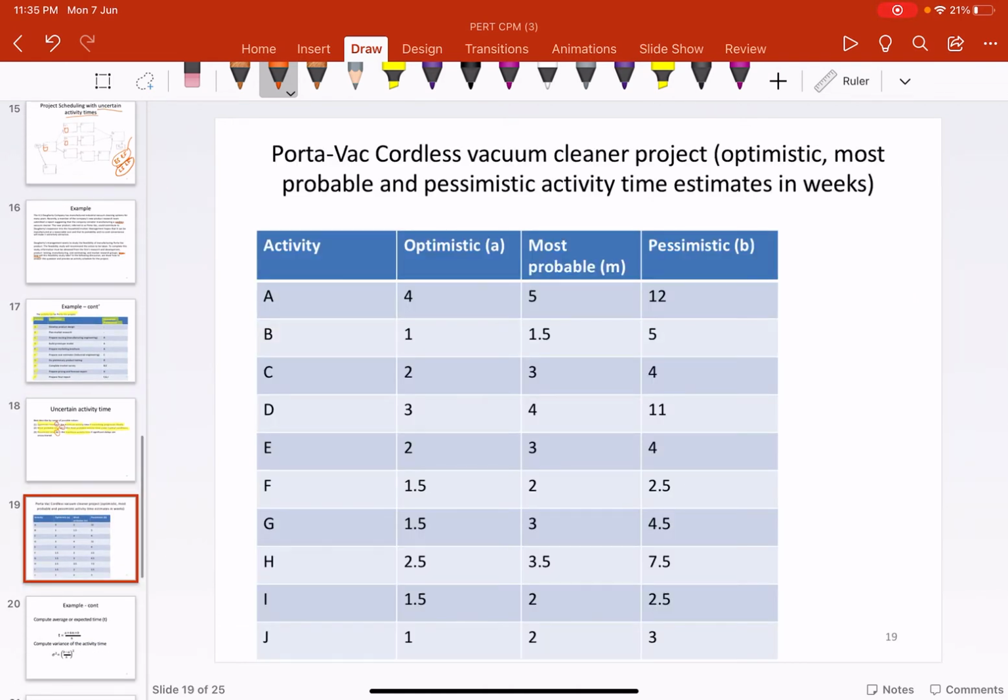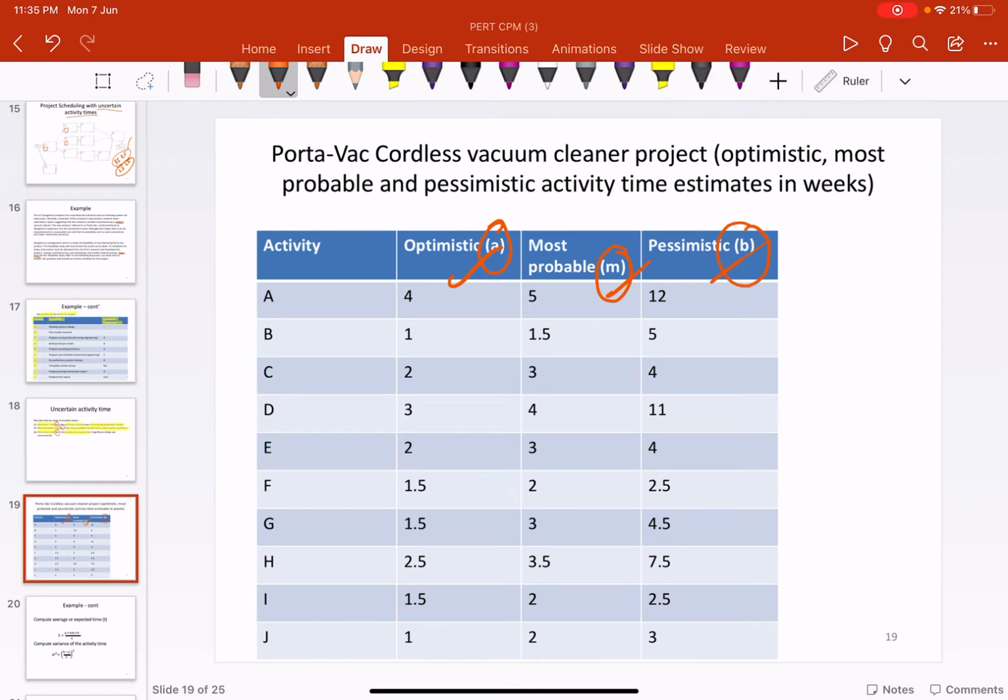So for this PERT cordless vacuum cleaner project, in the table here you can find the optimistic, most probable, and pessimistic times. If you look here, you have all these three values for each activity. So this is your A, this is your M, and this is your B.